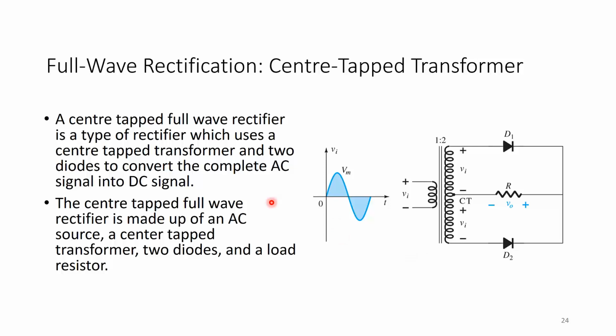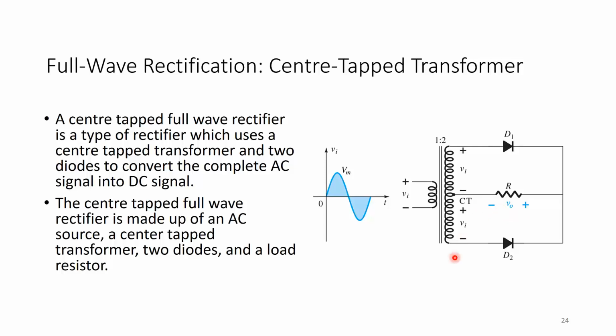Going back to here, the center tapped full wave rectifier is made up of an AC source, which is the input voltage, a center tap transformer, two diodes, and a load resistor. The same thing as your full wave bridge rectifier: you had R with V out as the voltage across it. This is the same thing as well.